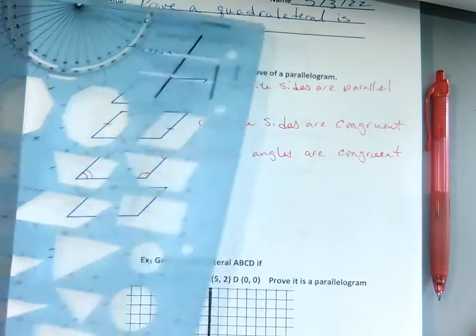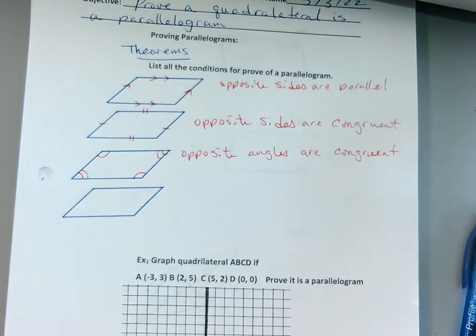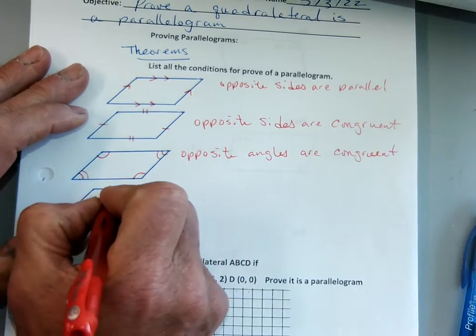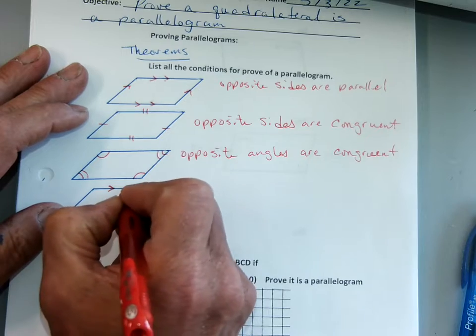Okay, this is a new one. So if one set is both parallel and equal.